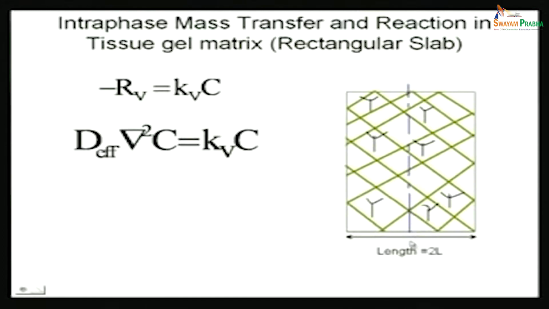Now what would be my boundary conditions? There are several possibilities, but let's talk about them. What are my two boundaries? One would be at the center, because this is symmetric. It depends on what we assume.